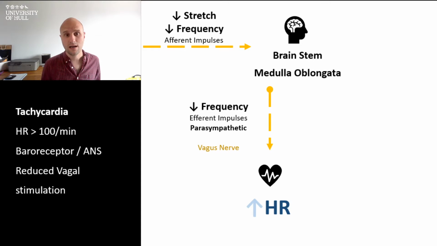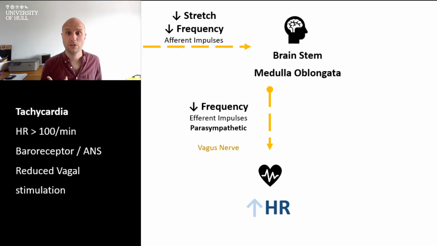Now, the tachycardia relates to the autonomic baroreceptor reflex. So you'll recall that there are stretch receptors within the aorta and the carotid sinus, and these send messages up to the medulla oblongata, and based on that impulse and other information, there's then efferent nervous impulses to various effector organs, including the heart.